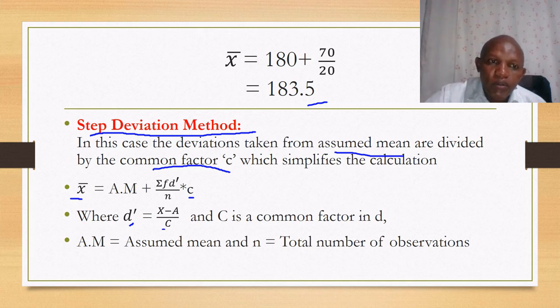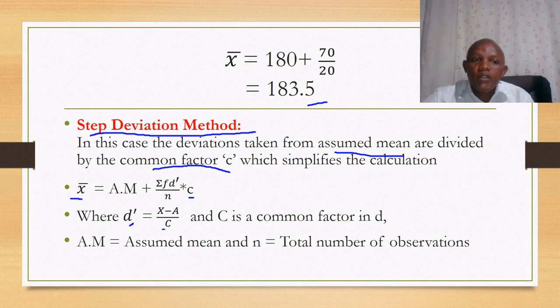Lastly, on computation of the standard deviation, I want us to remind ourselves that in the case of using the step deviation method, we use the assumed mean method. The only thing here is that we divide by a common factor called c to simplify the calculation.